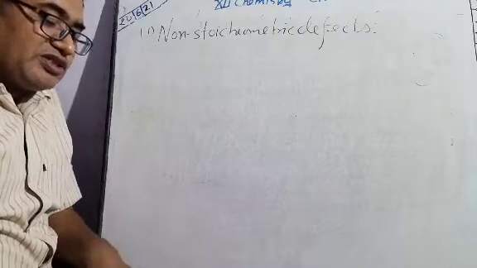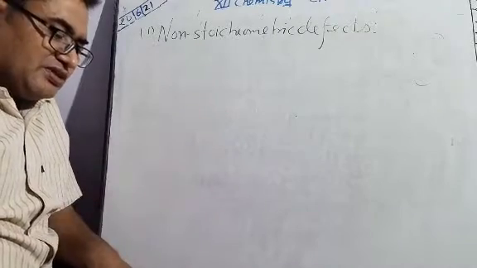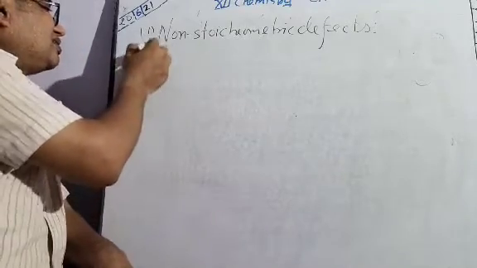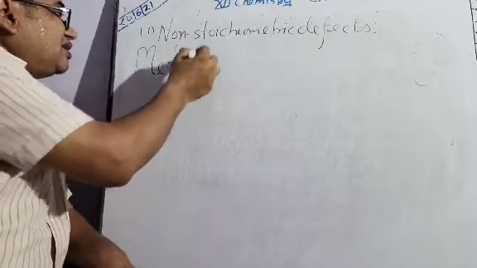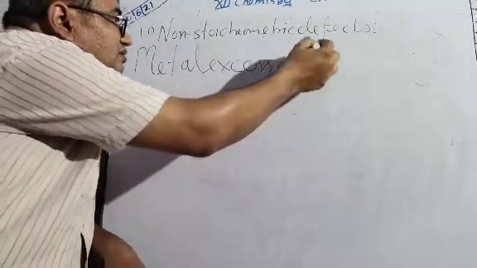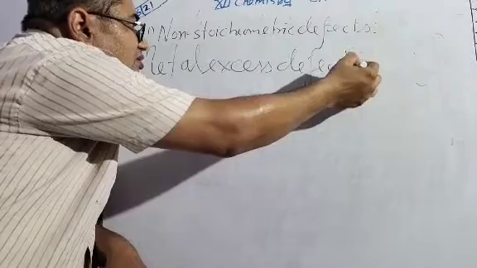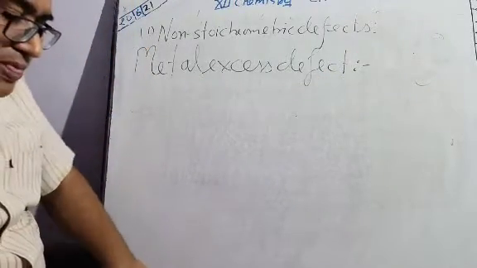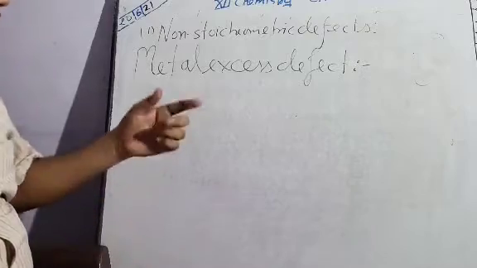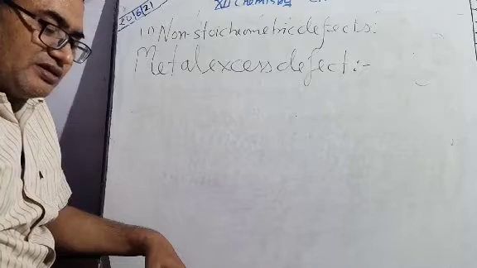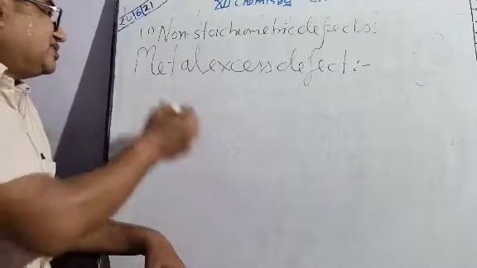These non-stoichiometric defects are of two types. Number one, metal excess defect. Simply we can say that in metal excess defect, the very important example is anion vacancy.